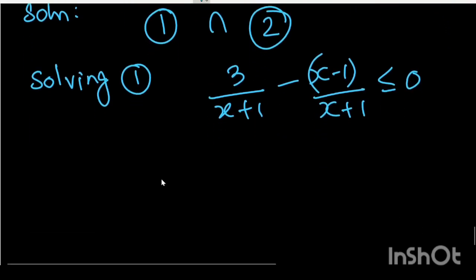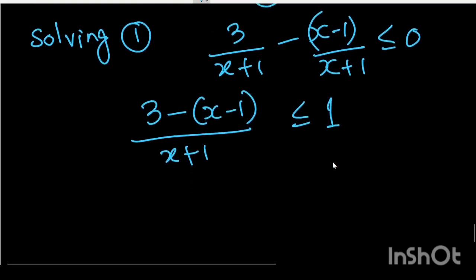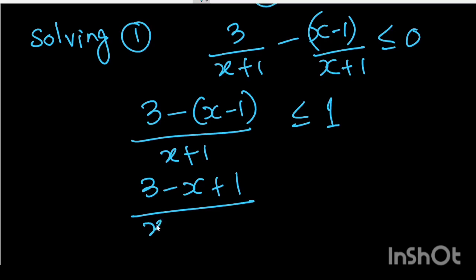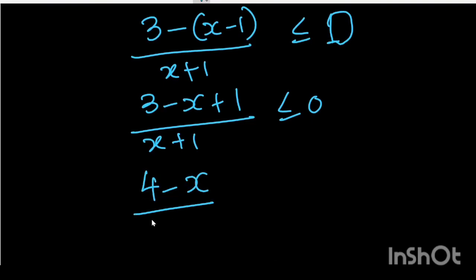Taking LCM, you can see the denominator is the same, so simply we can write it like this. Now 3 minus x plus 1 upon x plus 1. Sorry, this is not 1, this is 0, less than equal to 0. In the next step, it is 4 minus x upon x plus 1 less than equal to 0.